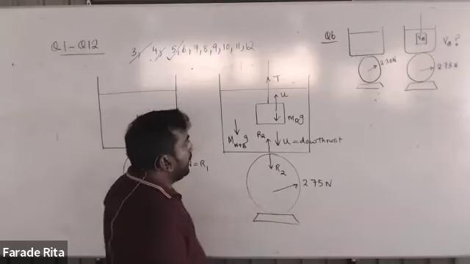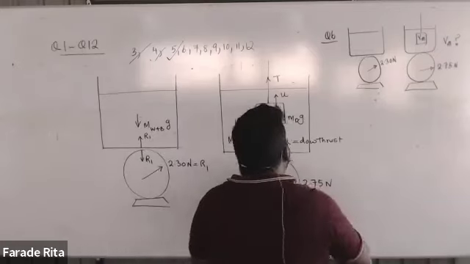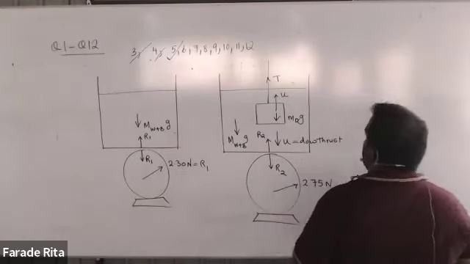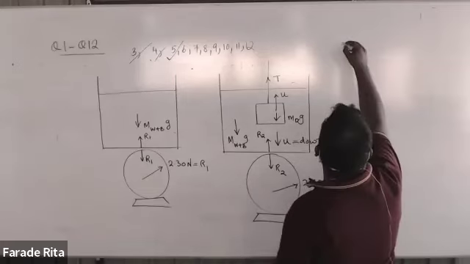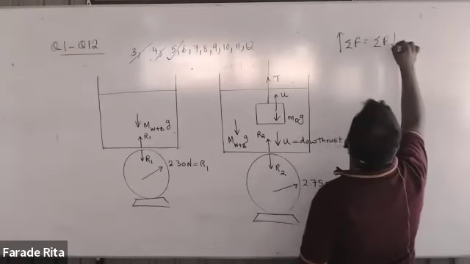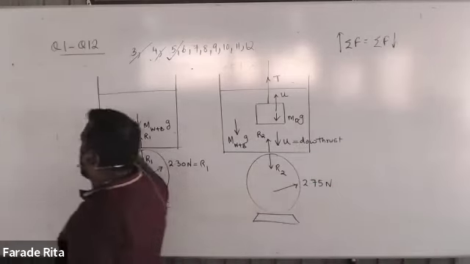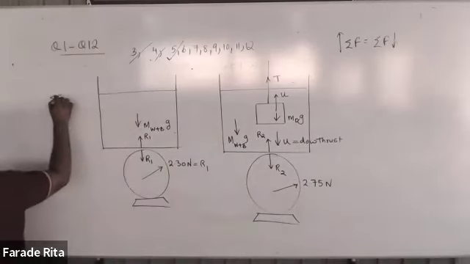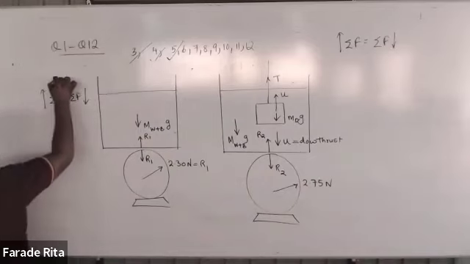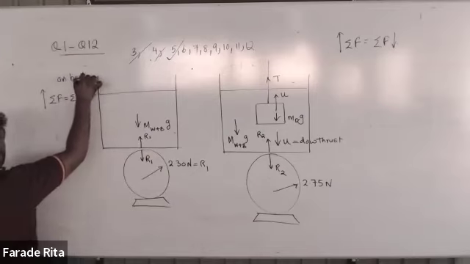Now we consider the forces acting on the beaker. Sum of forces in the upward direction balances sum of forces downward. If you want, here also you can apply it. These are on the beaker and water.